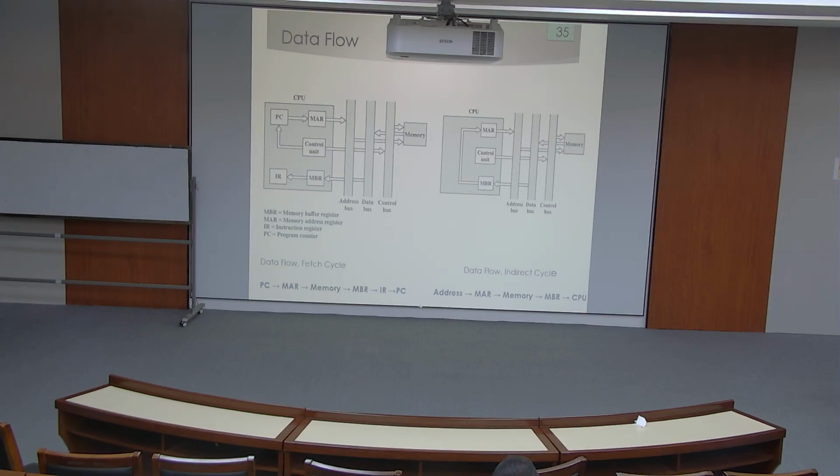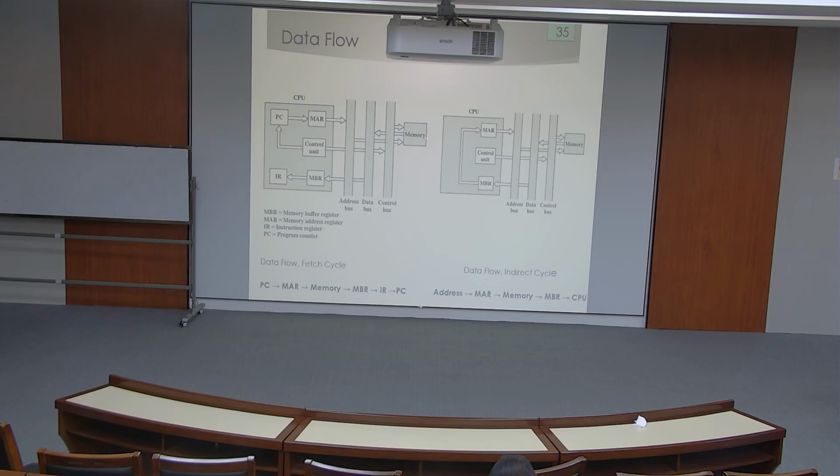We have data flows. This is also very important. For the fetch cycle, we have the PC, which holds the address of the next instruction. It is sent to the memory address register. Then the memory address register sends this address to the memory.